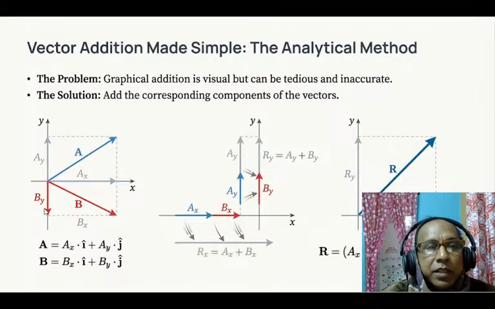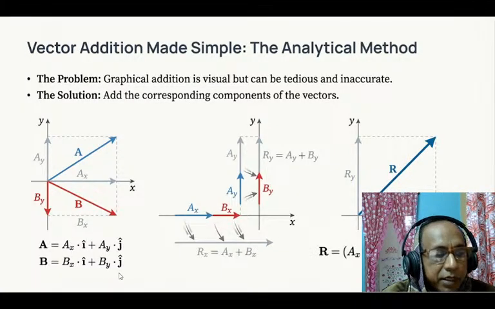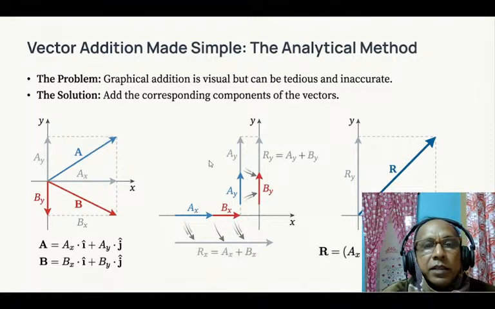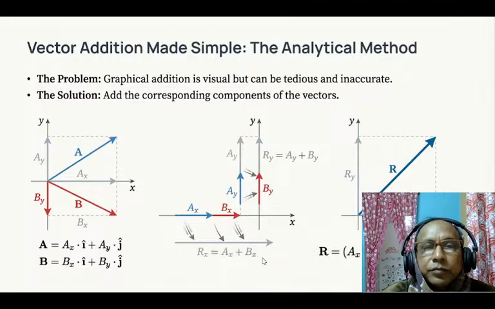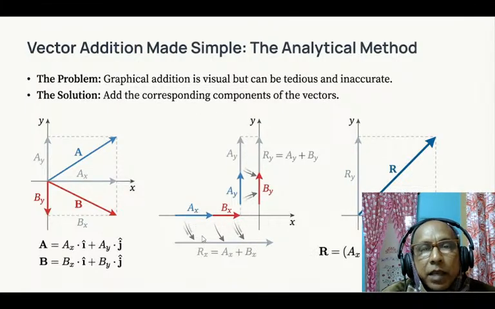Vector a can be represented as ax i plus ay j, and vector b can be represented as bx i plus by j. So we find here that Rx equal to ax plus bx. This is why we can change into the corresponding components, right?